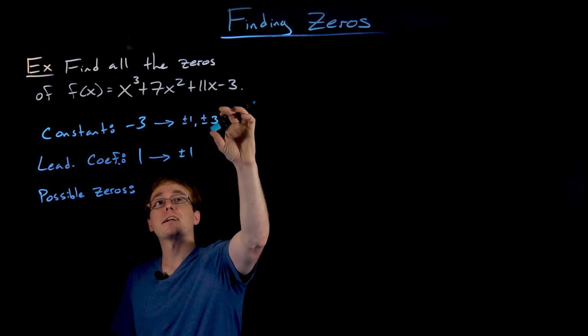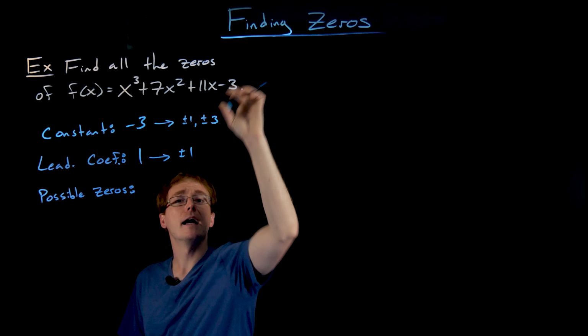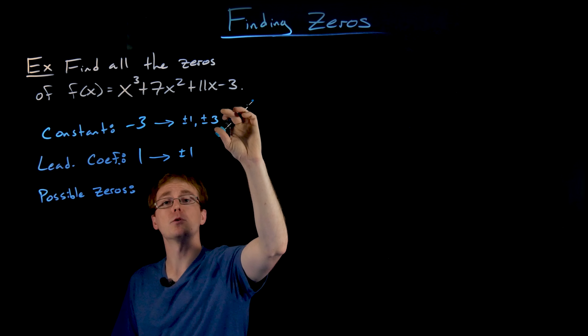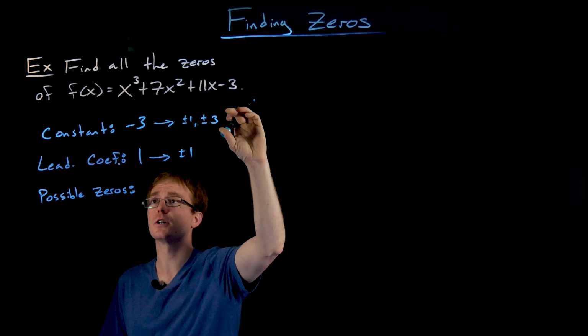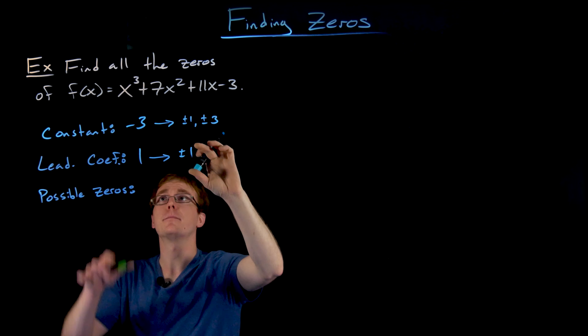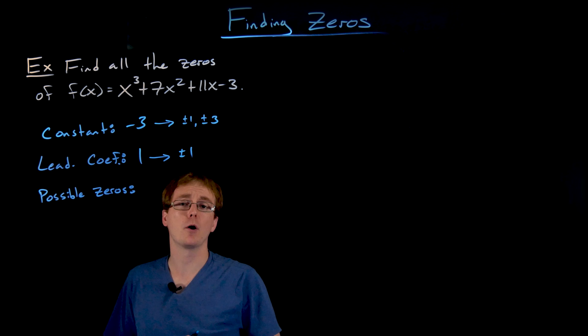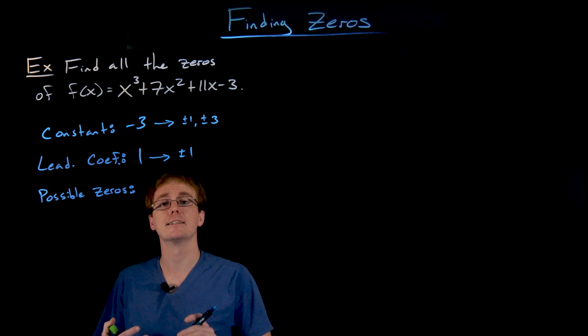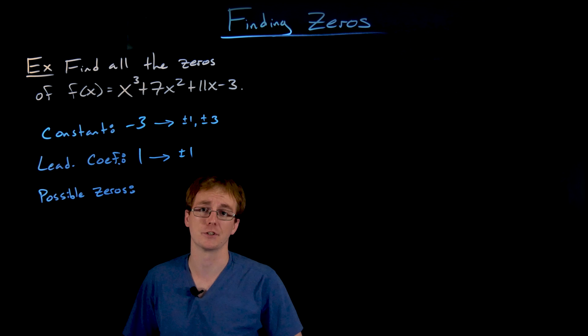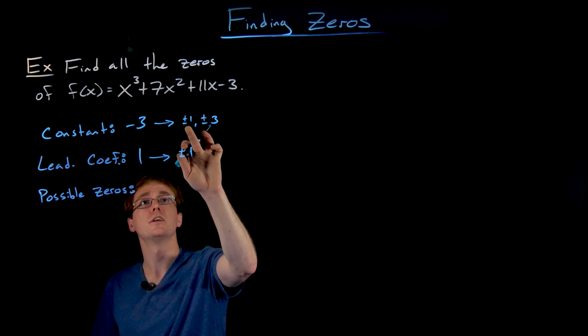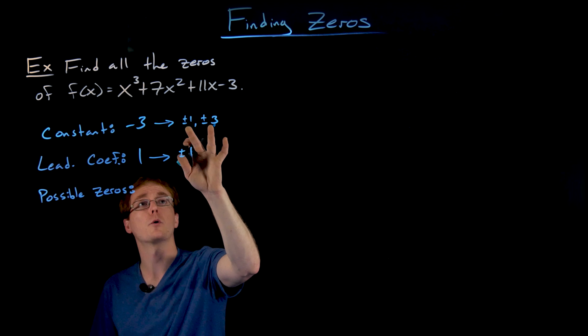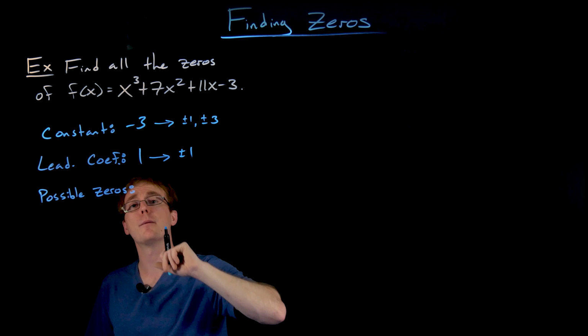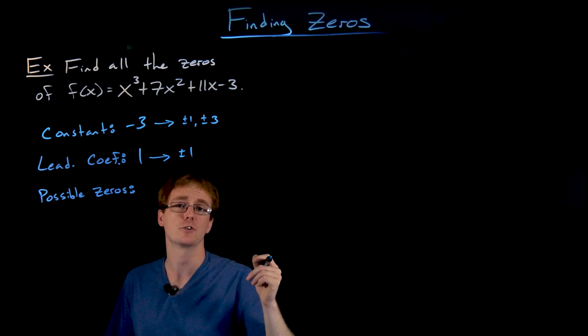So remember, these factors that make up the constant term at the end of our polynomial are the potential numerators of our rational zeros, and these factors that make up the leading coefficient of our polynomial are the potential denominators of our rational zeros. So in the numerators, we're going to have either ±1 or ±3, and in the denominators, we're always just going to have ±1.